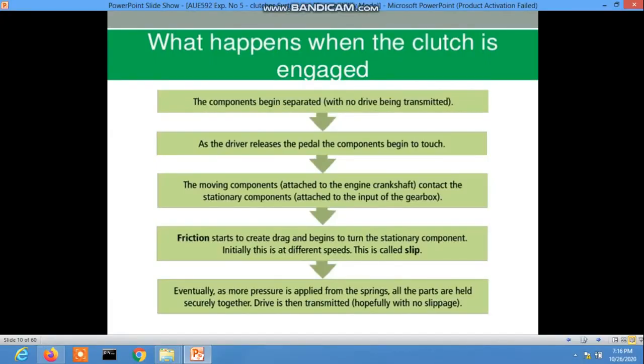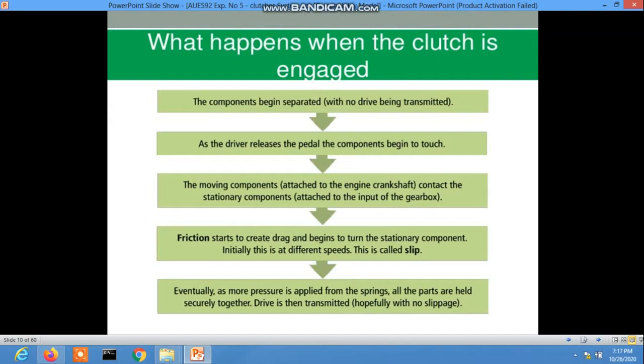What happens when the clutch is engaged? First, the components are separated, with no drive being transmitted. That means when the driver pushes the clutch pedal, the components separate.